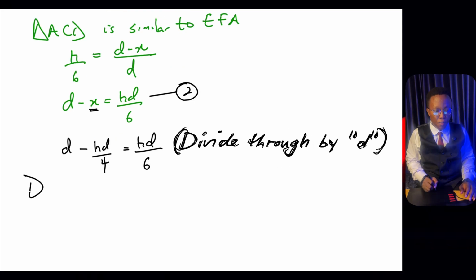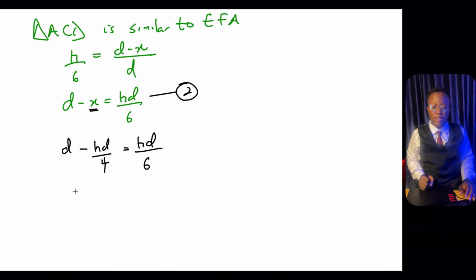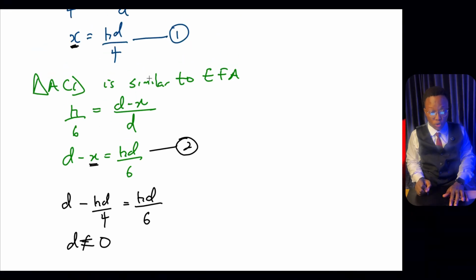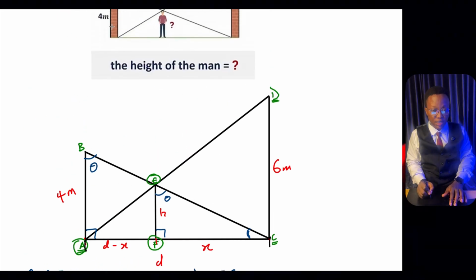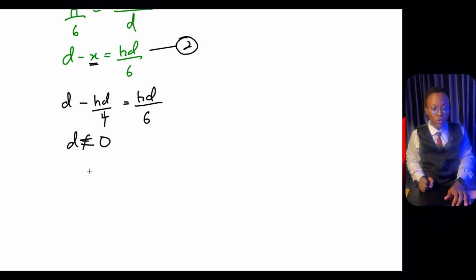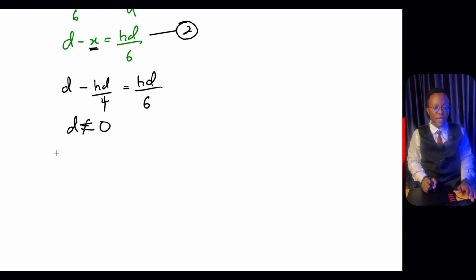Divide through by d. Seeing as d cannot be equal to 0, because d is the distance between the two walls, we can divide through by d, so that d divided by d is 1, and hd divided by d is h, so h all over 4 is equal to h all over 6.